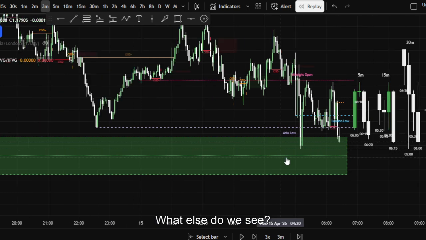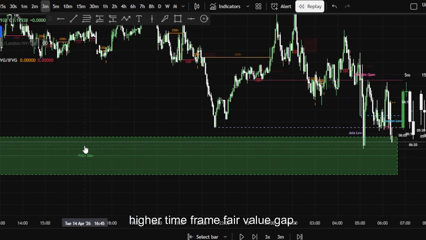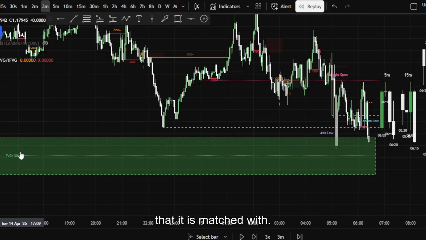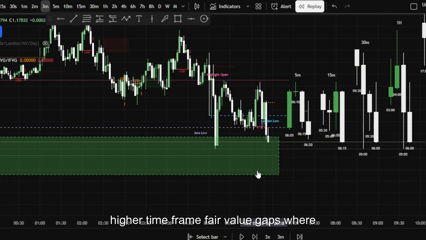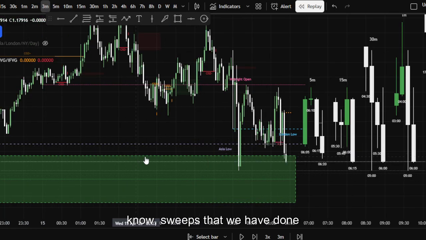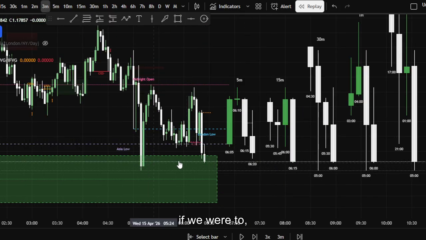What else do we see? This is a higher time frame fair value gap. This indicator marks these out automatically, and it does the time frame that it is matched with. So I'm on the 3-minute chart, so it's going to show me 30-minute higher time frame fair value gaps where they exist. There's a lot of different liquidity sweeps that we have done that are all relevant. Now, if we were to go back here, we get a strong rejection out of this fair value gap.